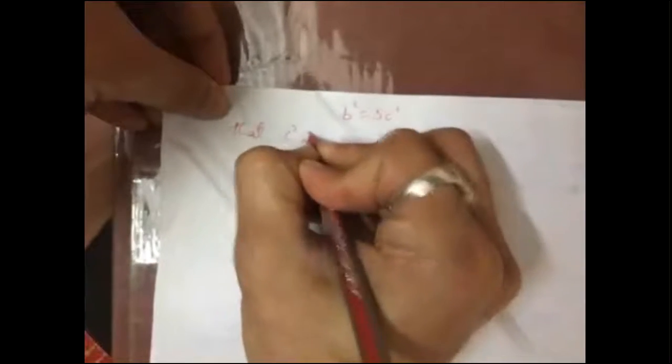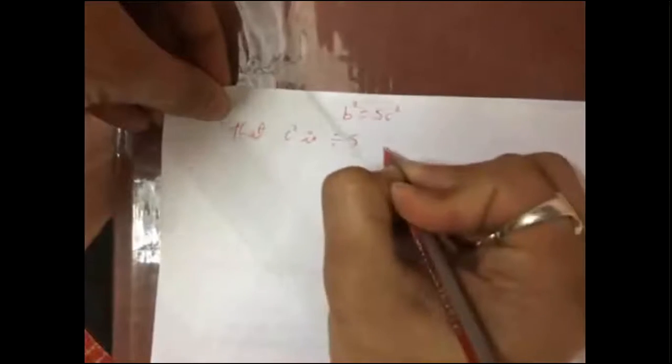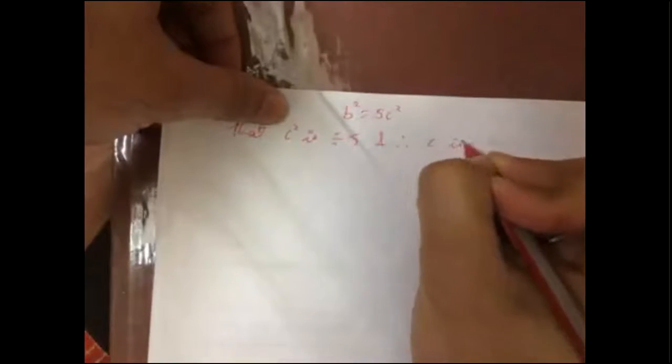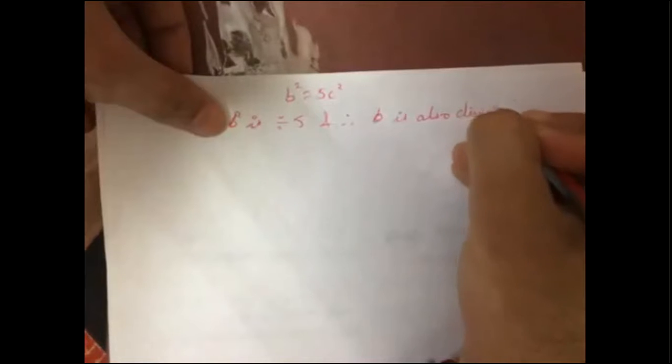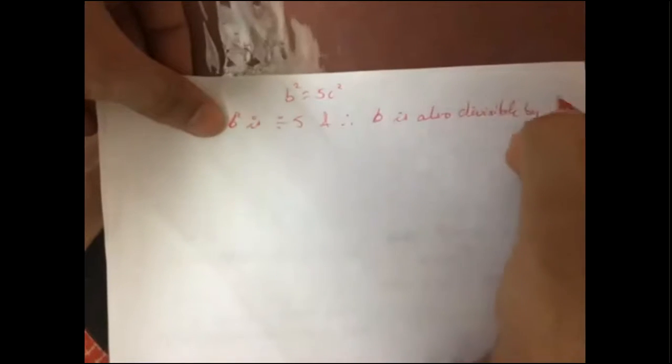b square equals 5c square will show you that c square is divisible by 5, and therefore b square is divisible by 5, hence b is also divisible by 5.